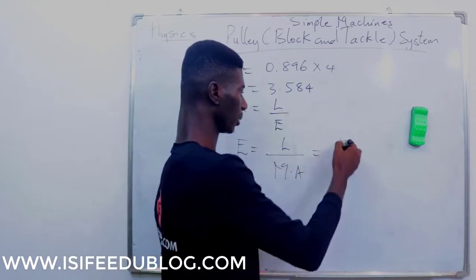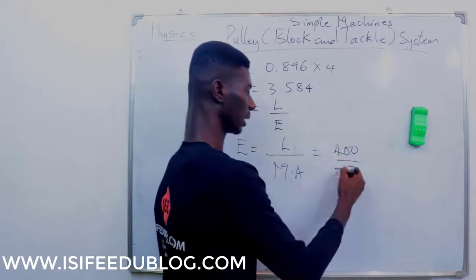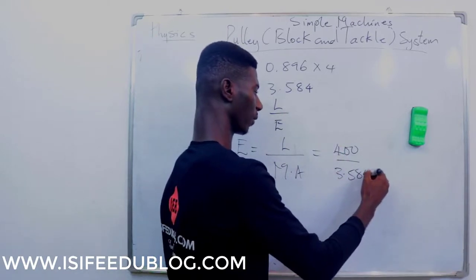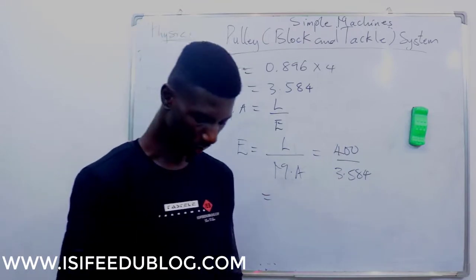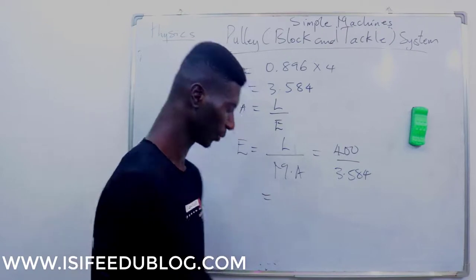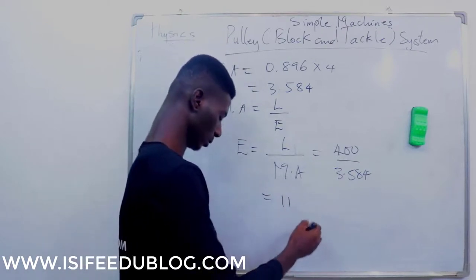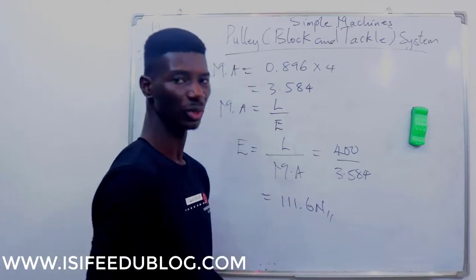From the question, the load is 400 Newton. While our mechanical advantage now is 3.584. So if you divide this, you get the effort applied. So we have 400 divided by 3.584. So we have 111.6 Newton.